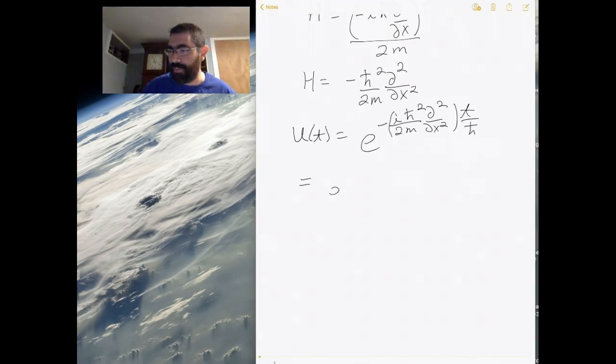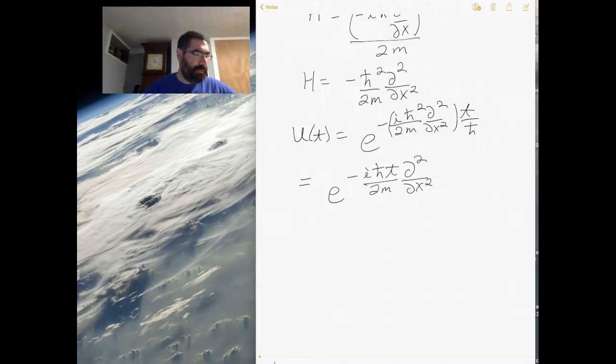So that simplifies to e to the minus i h t over 2m, second order derivative with respect to space.